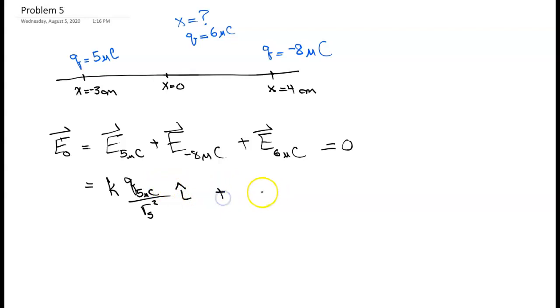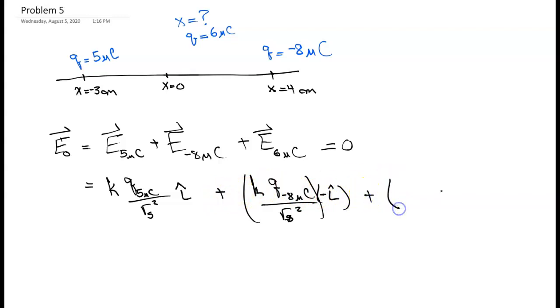Then for the -8, it's going to be K times Q, -8 microcoulombs, over R_8 squared. But now, since this has to be in the opposite direction of i hat, we would say that this is in the -i hat direction, or we could have made this a plus sign and minus to begin with.